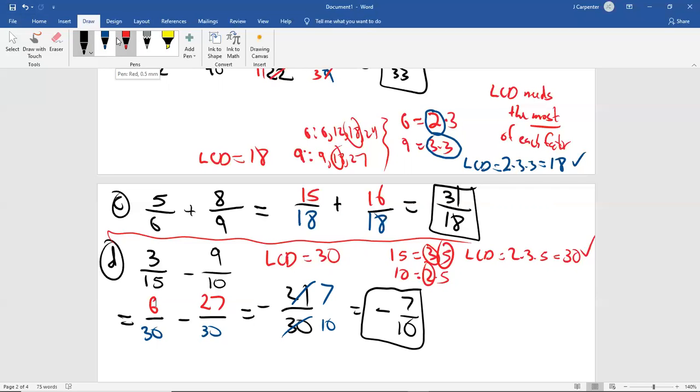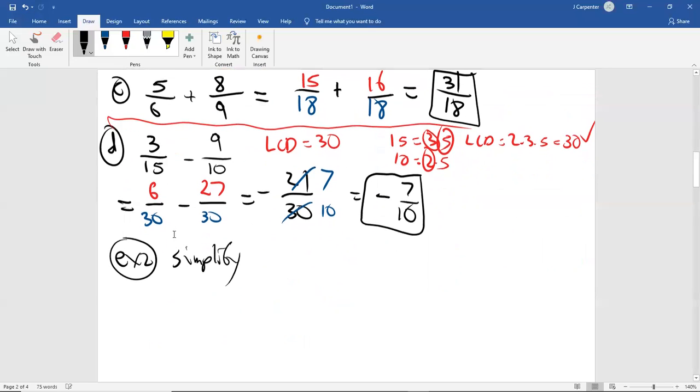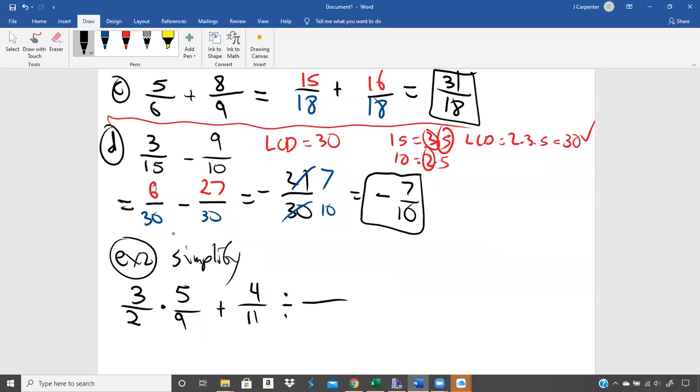All right, we have time for one more problem. So let's do some mixture of things. Let's go with 3/2 times 5/9 plus 4/11 divided by 20/33.